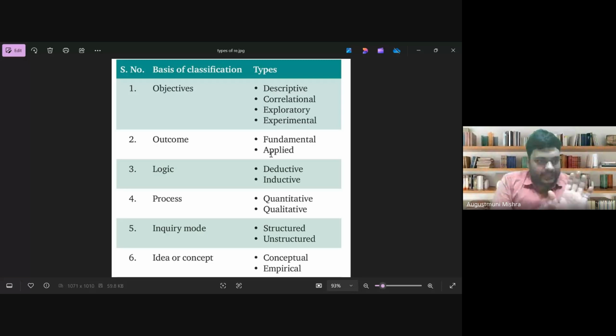But in the USA pattern, people use a research question in place of a hypothesis. I'm adding this for your knowledge, because when you download research papers, you may or may not find a hypothesis. It depends on the pattern people are following.